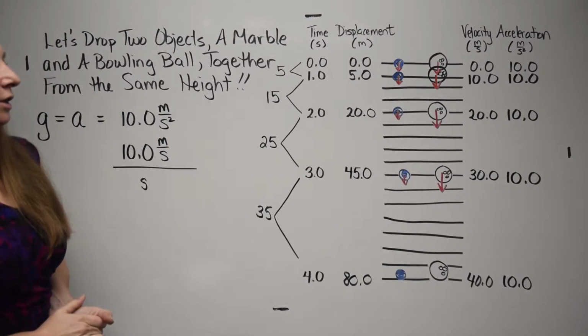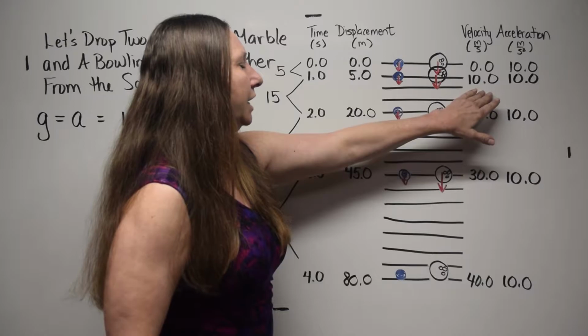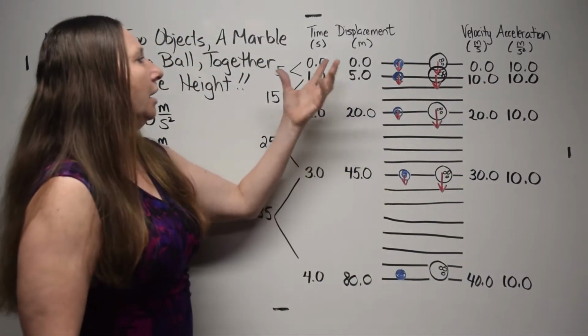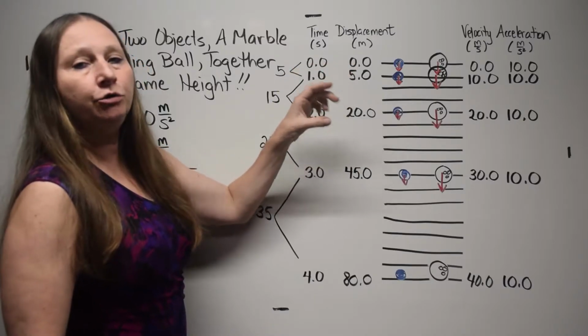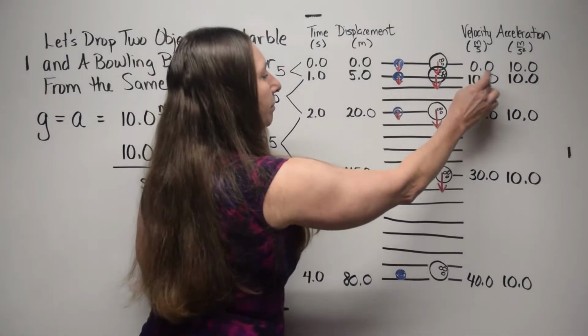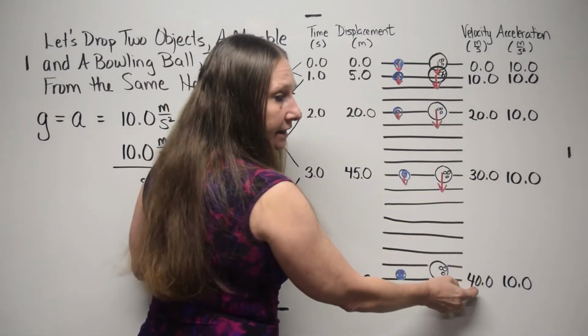All right, so you see the patterns. The velocity is going up by the same amount, 10 to 20 to 30 to 40. The amount that the displacement increases each second increases. See, the velocity went up by 10, went up by 10, went up by 10.